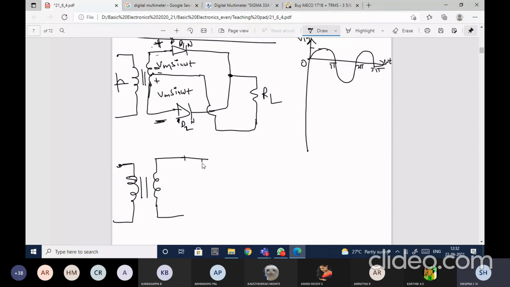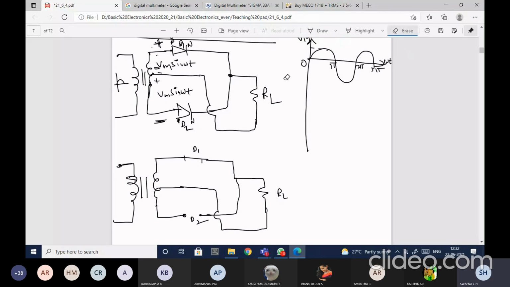Generally, the forward biased diode we replace with a short, and the reverse biased diode we replace with an open. D1 is short, D2 is open, and here it is center tapped. Wait, let me show you the current direction, then only I'll be able to represent plus on the upper side or plus on the downside. So this is plus minus Vm sin omega t.